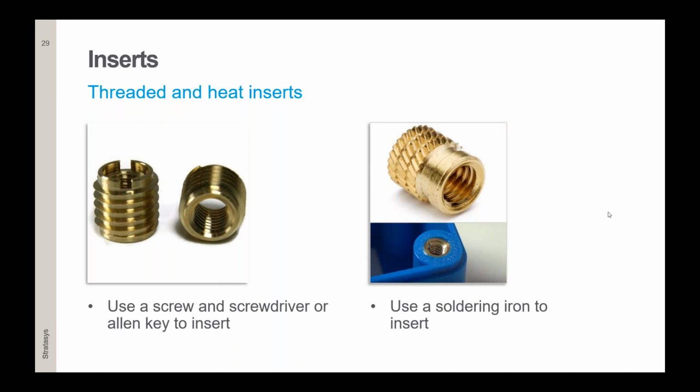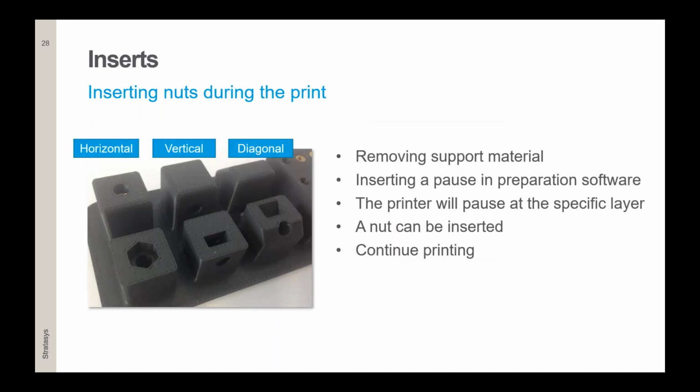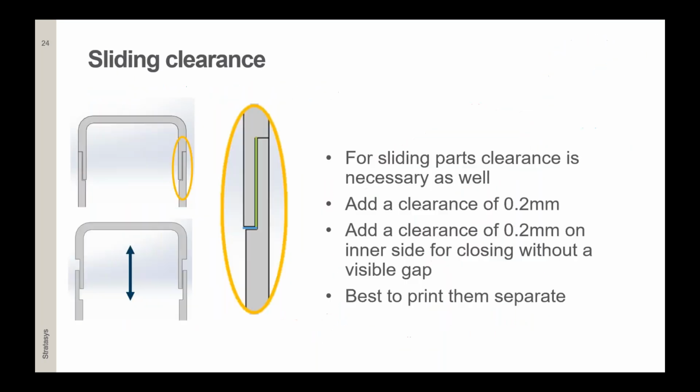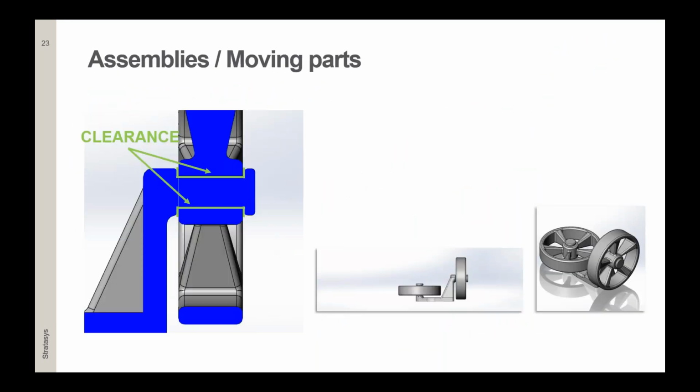And then we have another quick question on how we can actually remove the support material between moving parts. Good question. I mentioned with the introduction of the section that moving parts or assemblies can be printed when we are printing with materials that use soluble support.